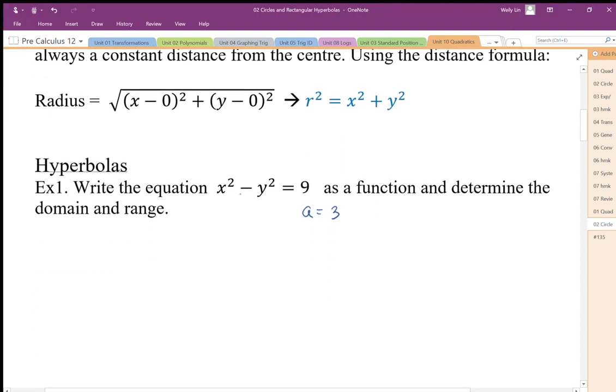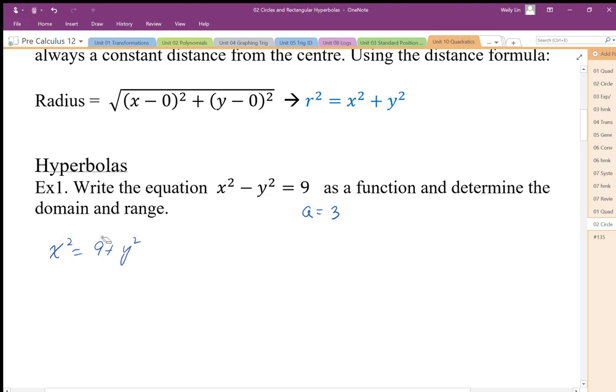So if I think of the domain and range of this, let's just look at the domain. What can x equal? x squared equals 9 plus y squared. Now, x squared can be any value, but there are some values it can't get to. So the smallest that y squared can possibly be is 0.